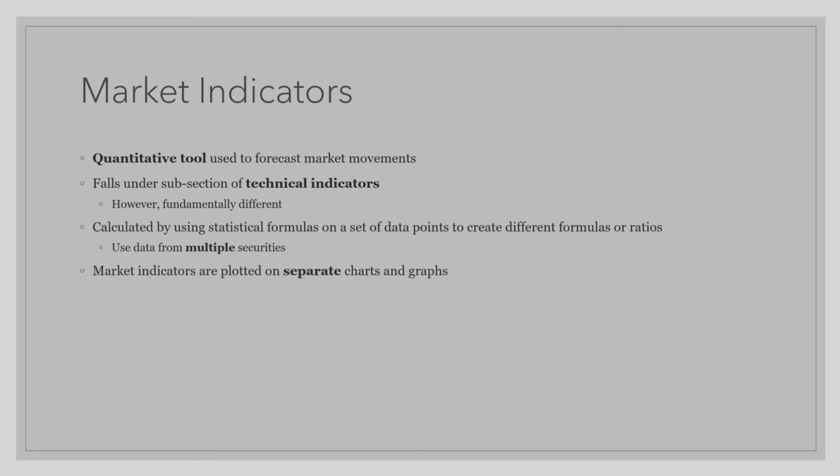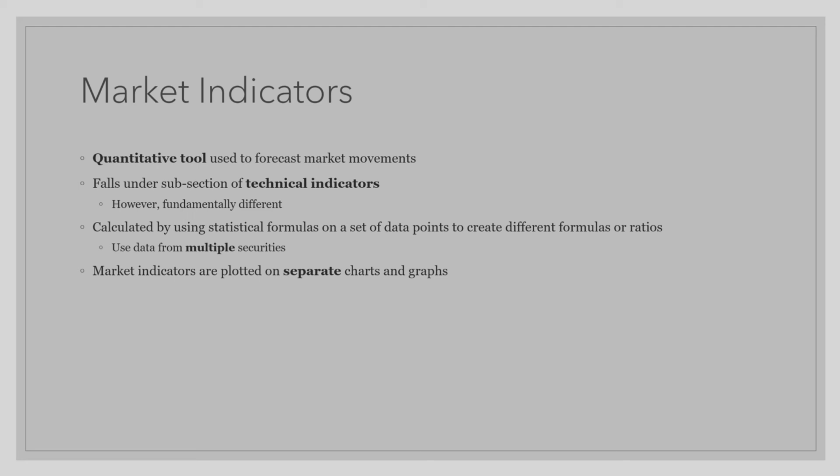The second type of indicators are known as market indicators. These are a quantitative tool used to forecast market movements. They do fall under the subsection of technical indicators, however, they are fundamentally different, and here is why.